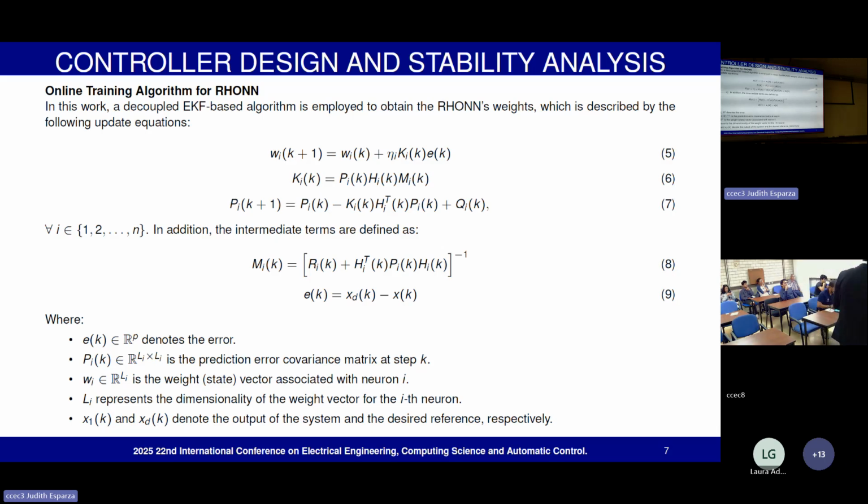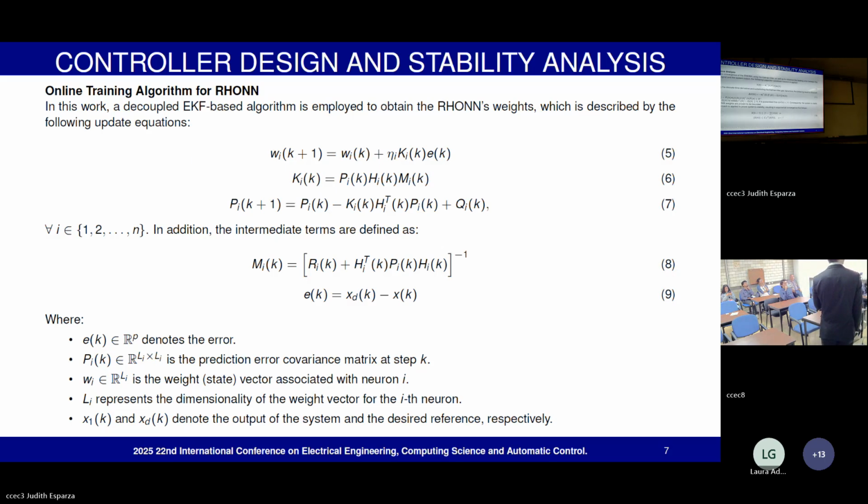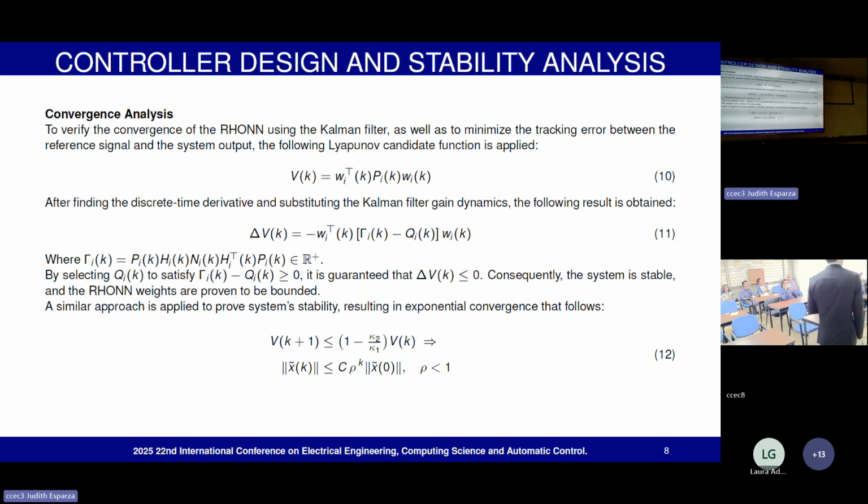It is important to notice that this extended Kalman filter is receiving the tracking error that is defined in equation number 9. In order to verify the convergence of this neuron using the Kalman filter, and its ability to minimize the tracking error between the reference signal and the actual system output, we use Lyapunov theory.